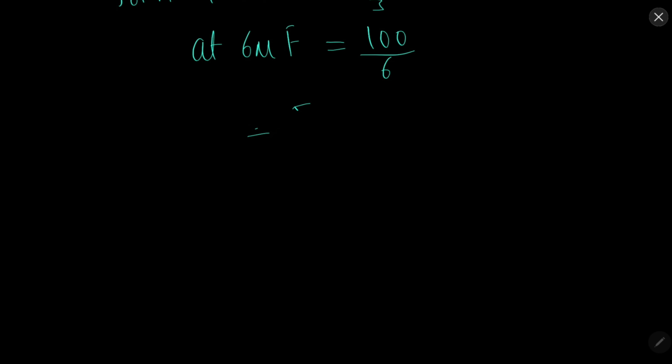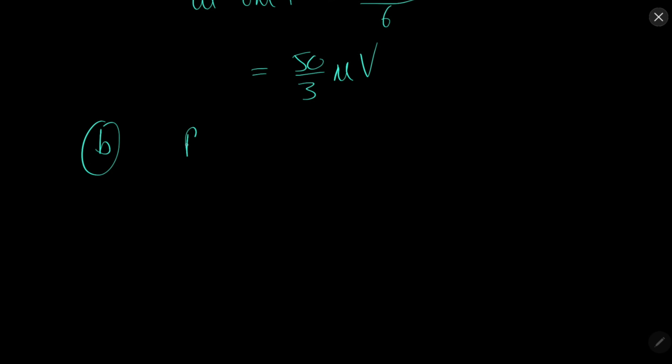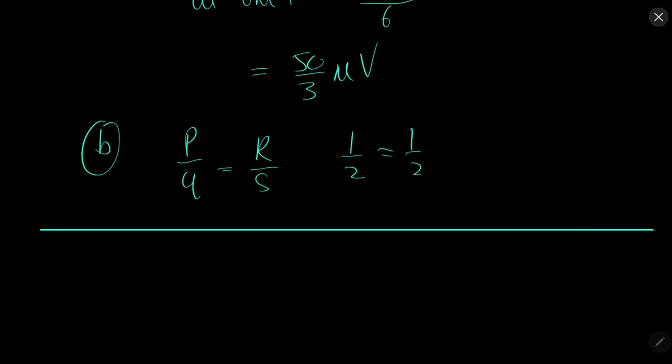So potential comes out to be 50 by 3 microvolt. Now B part, P by Q equal to R by S, 1 by 2 equal to 1 by 2, balance condition. So because of this it is a Wheatstone bridge, so no current will flow between C and D. So if we connect the capacitor, charge will be 0 on the capacitor.